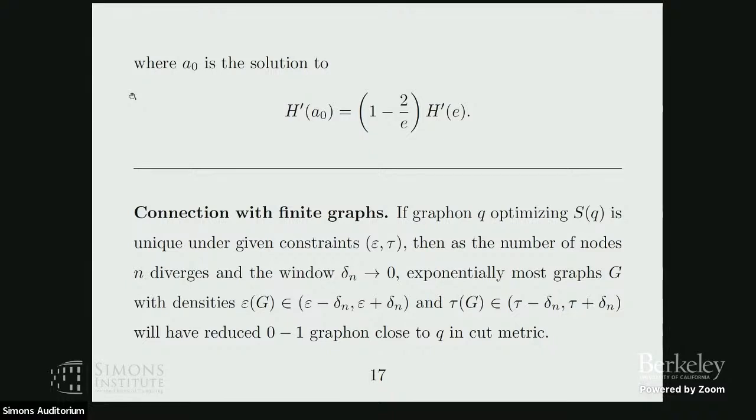That is, essentially, the adjacency matrix, which is close to Q in cut metric. And close to Q in cut metric just means exactly that for every finite subgraph, the densities are close. That's exactly what it means. So the results that we're getting on response to competing constraints concern what is happening to a large finite graph, as I change the epsilon and delta.